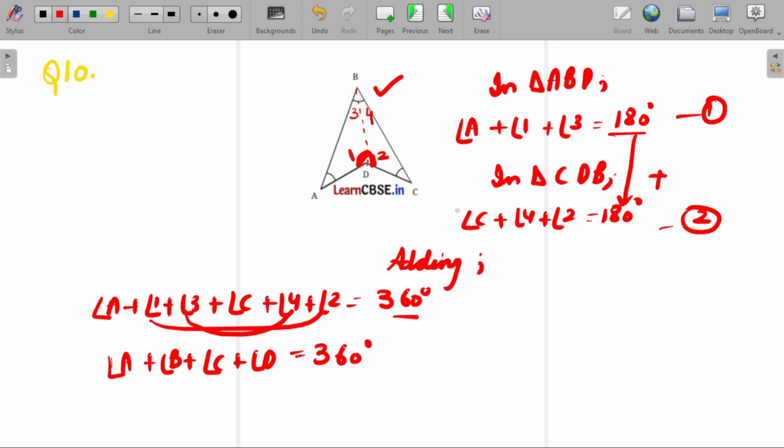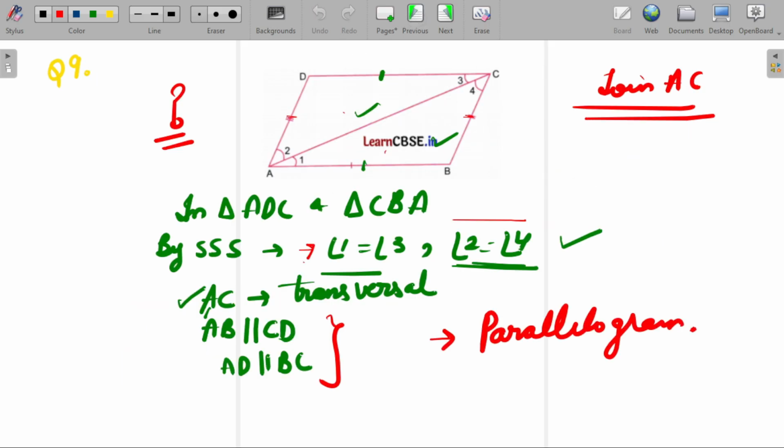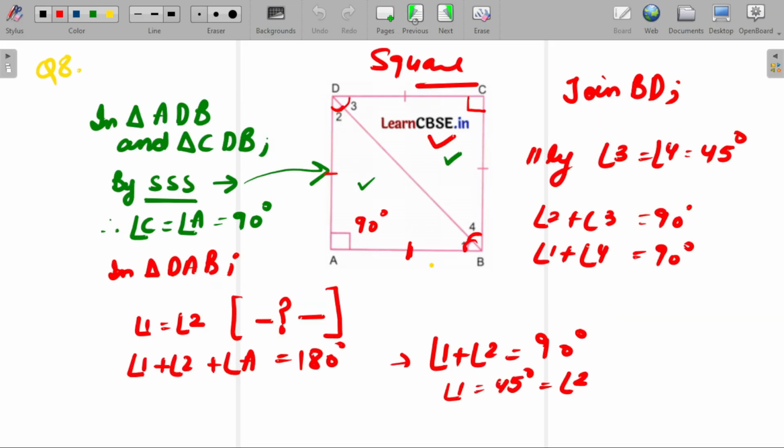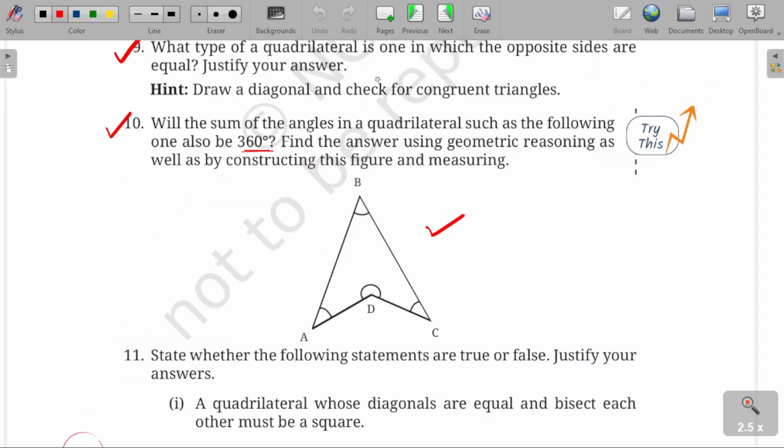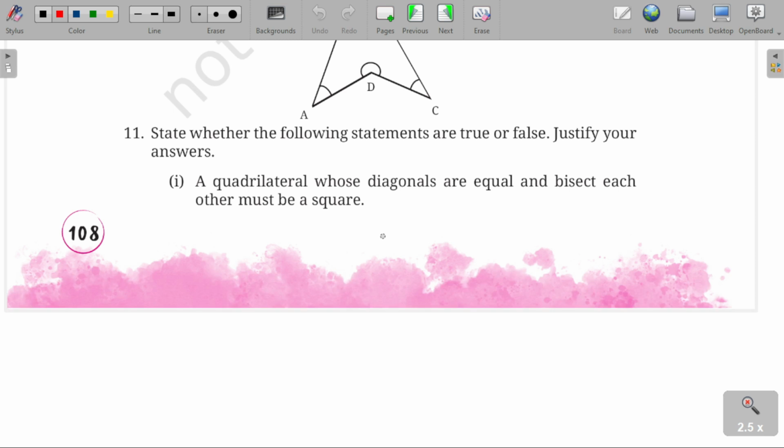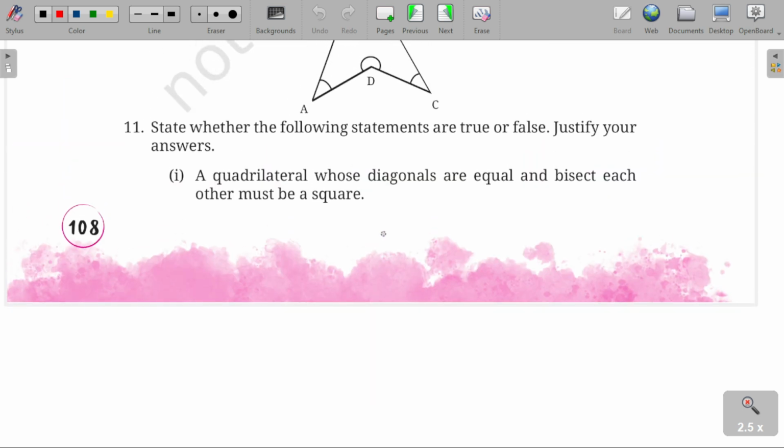Clear? So the last question of this chapter is question number 11. Question number 11 says, state whether the following statements are true or false. Justify your answer. The first statement is, a quadrilateral whose diagonals are equal and bisect each other must be a square.